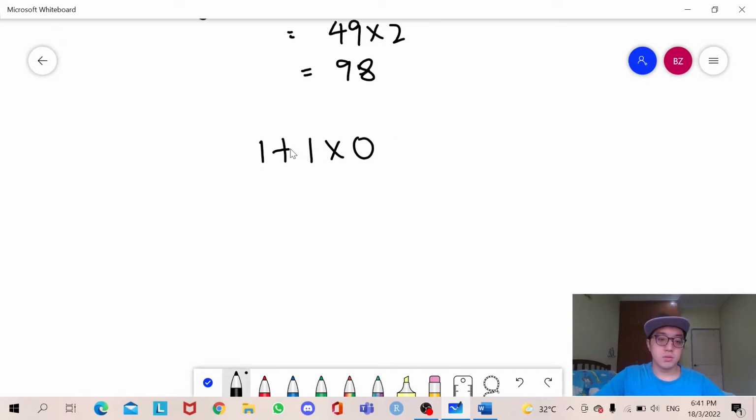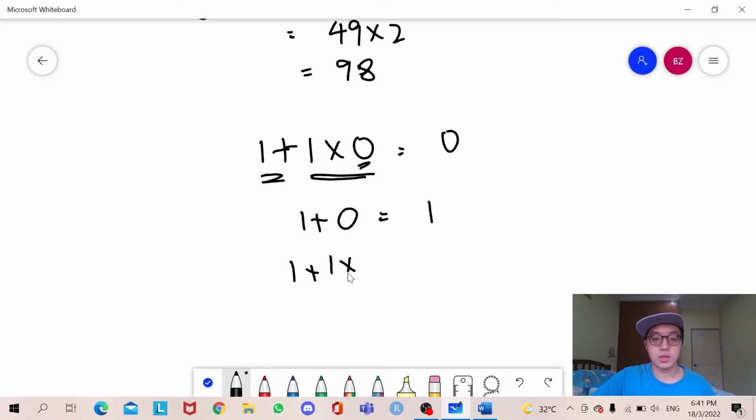I'm a guy who likes to do quick math, so I just straight answered 0 because I saw 0. But it's wrong, because BODMAS says we need to do multiplication first, only then addition. So 1 times 0 is 0, and then 1 plus 0 gives you 1. So 1 plus 1 times 0 is equal to 1.